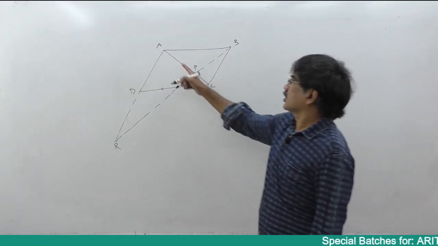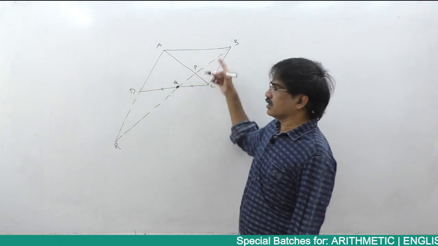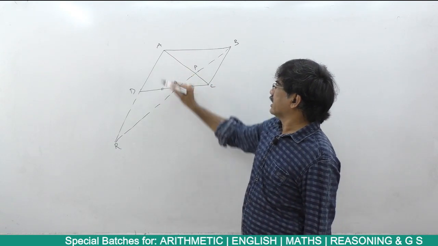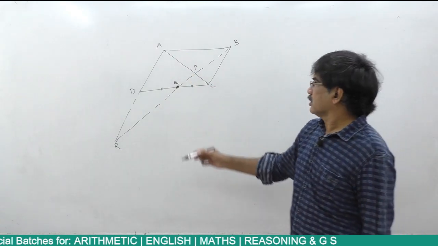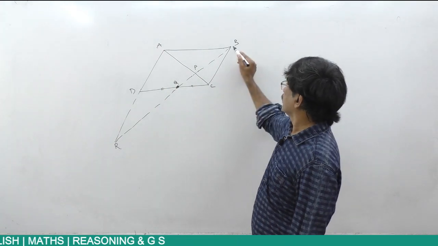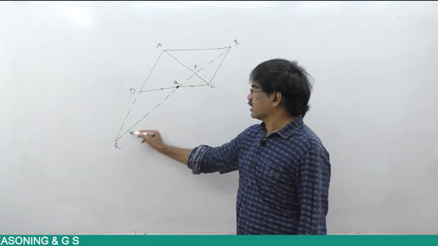Next, ABCD is a parallelogram. AC is the diagonal. Let Q be the midpoint of CD. BQ is joined and extended.